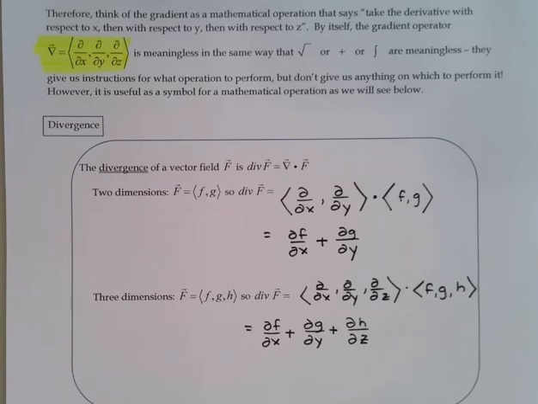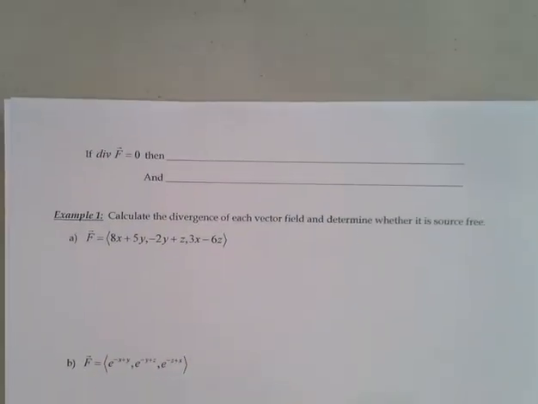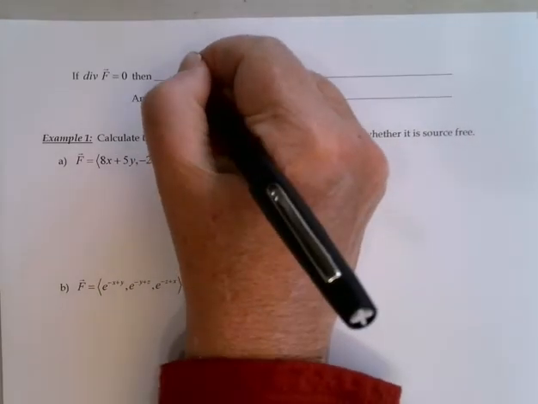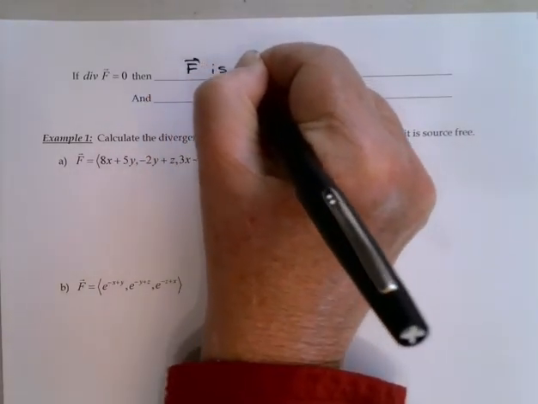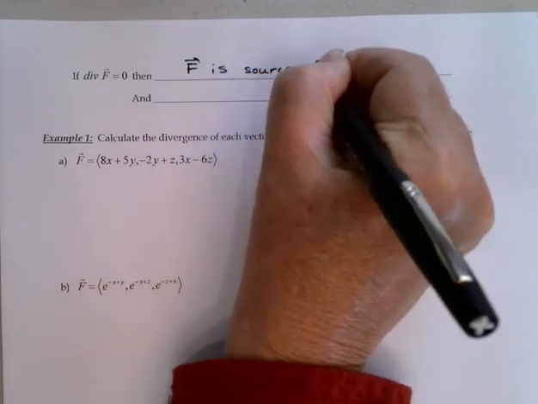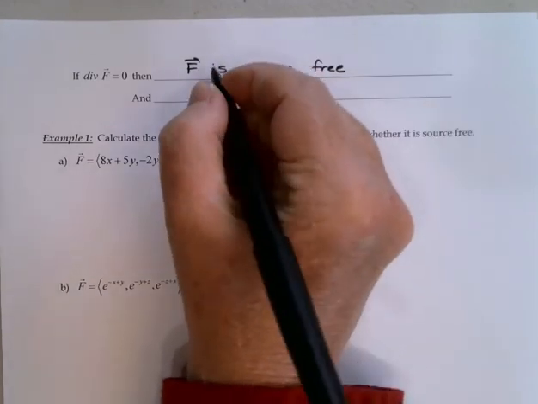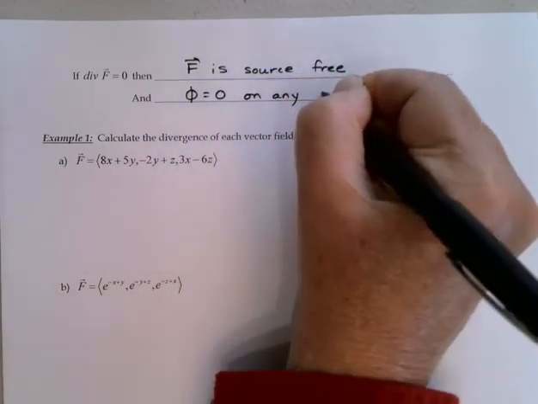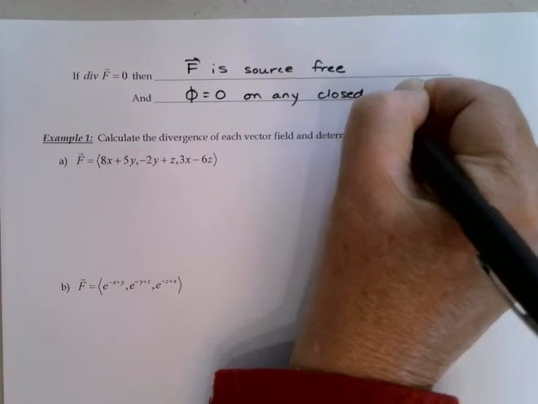At this point, we can expand that and say, well, if that worked in 2 dimensions, now that we have a 3-dimensional version of the divergence, that should work for any number of dimensions, including 3. So, if the divergence of f is 0, no matter how many dimensions we're working in, then f is source-free, and the flux is 0 on any closed path C.